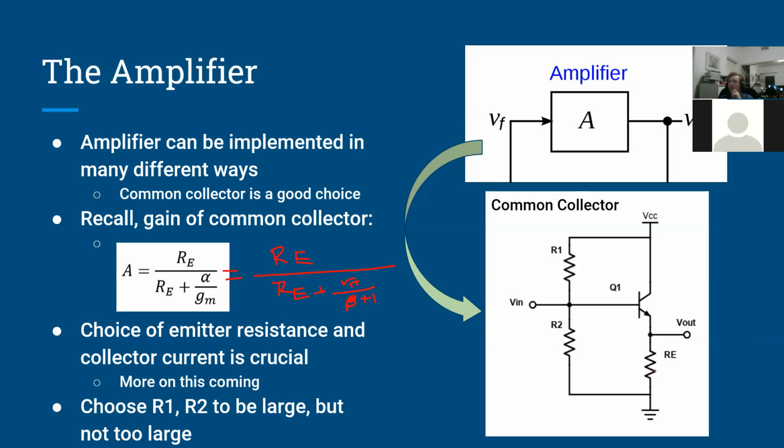One is you want RE to be on the large side, and we'll see why that is. The other is you want R1 and R2 to be on the large side. This again makes the input resistance of this amplifier larger than it would otherwise be. You don't want it to be too large, otherwise your base current will cause weird things to happen. But you want it to be on the large side.